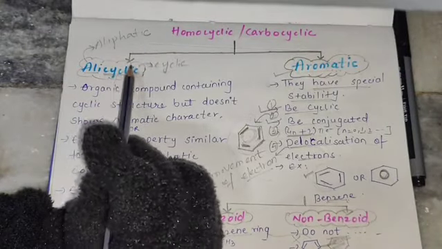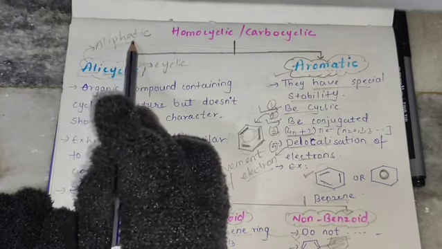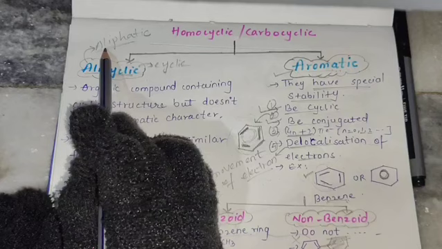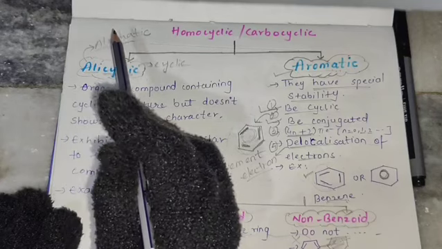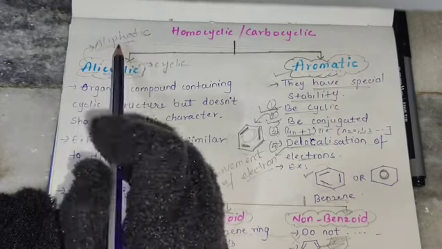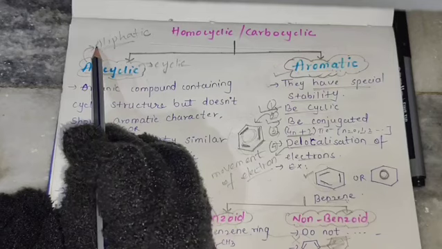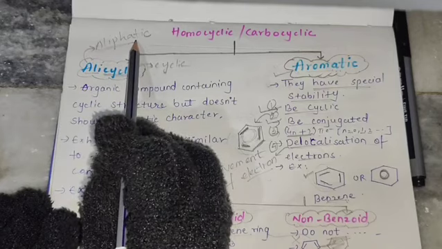So it is a cyclic structure, but it exhibits properties similar to an aliphatic compound. Okay, in the earlier part we have already studied what an aliphatic compound is.